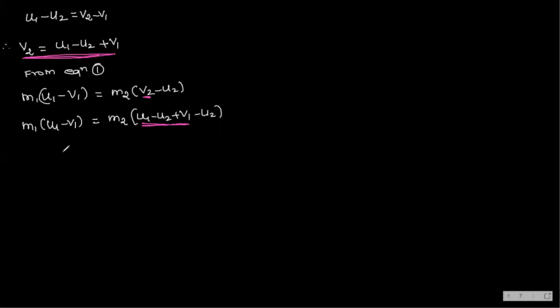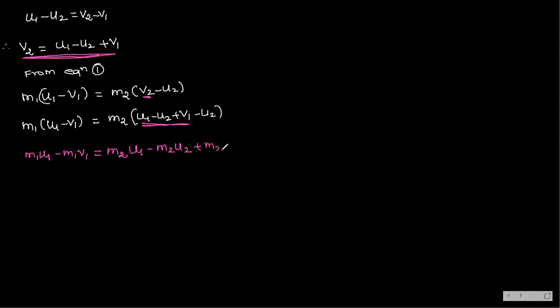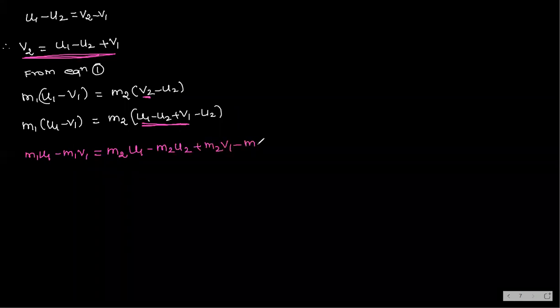So what I am getting, you see, I am multiplying the brackets: m1 u1 minus m1 v1 is equal to m2 u1 minus m2 u2 plus m2 v1 minus m2 u2, right?